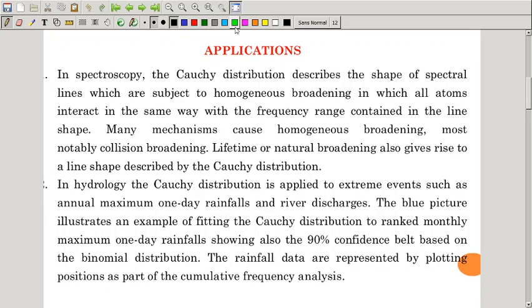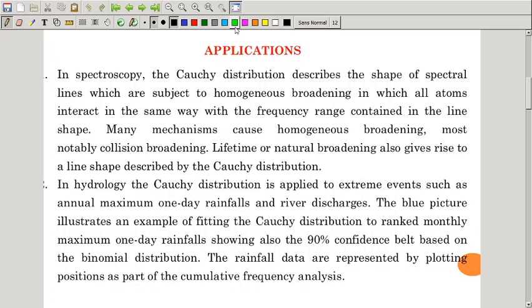There are so many theoretical applications available in theoretical statistics, like inferential statistics. Mostly the Cauchy distribution has application in the asymptotic inference, which you will be studying at the MSc or postgraduate level.